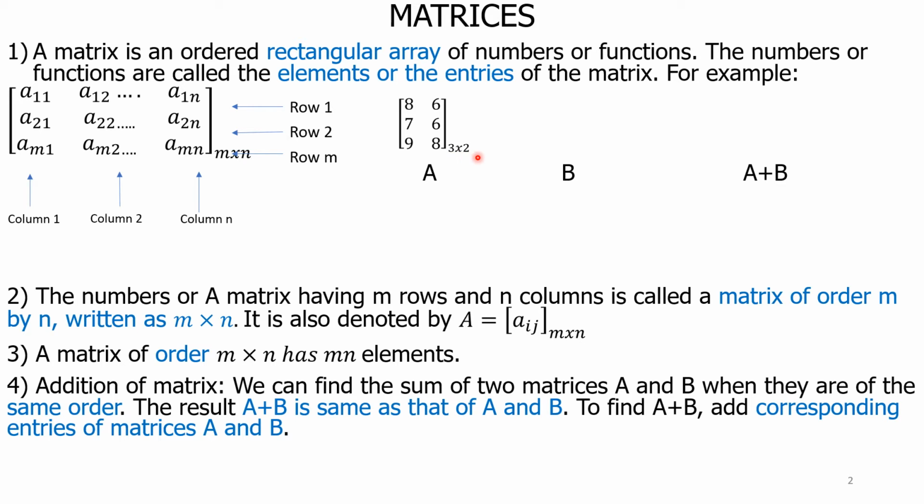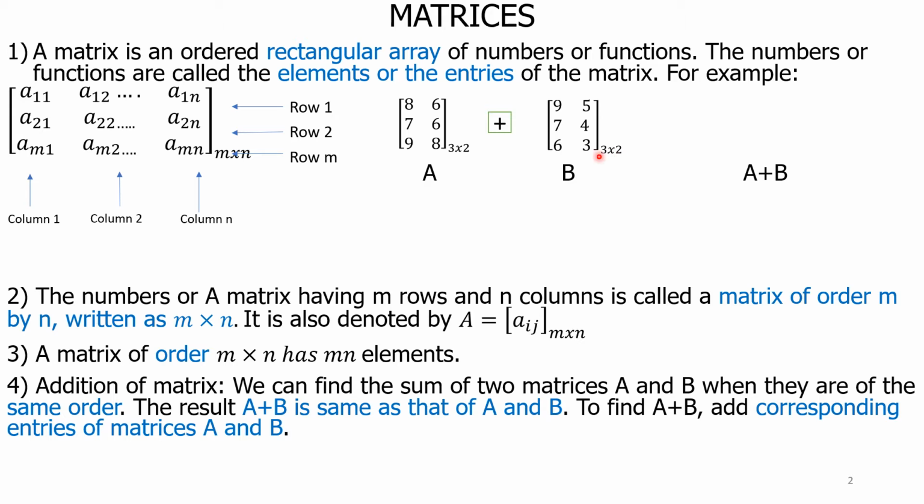Let us take another matrix B. First row 9 5, second row 7 4, third row 6 3. This is also 3 by 2. Hence A is 3 by 2 and B is also 3 by 2.